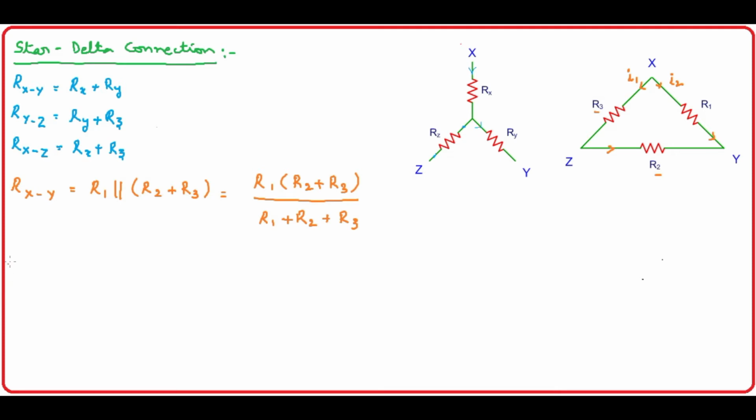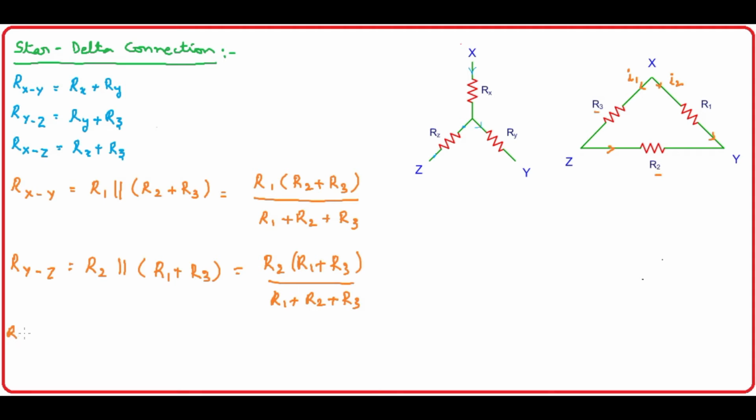The same thing happens to the other two also. So Ryz is equal to, it is Y and Z, so R2 is in parallel with the other two, that is R1 plus R3. So which is equal to R2 into (R1 plus R3) divided by (R1 plus R2 plus R3).